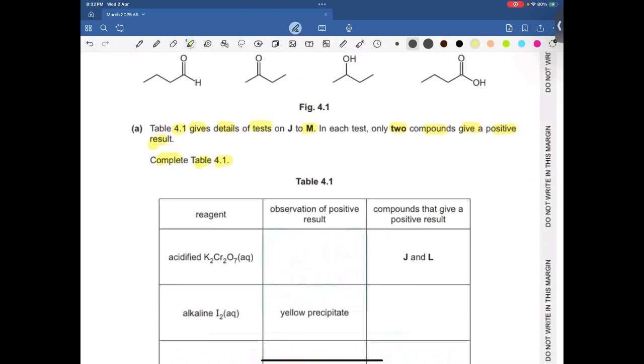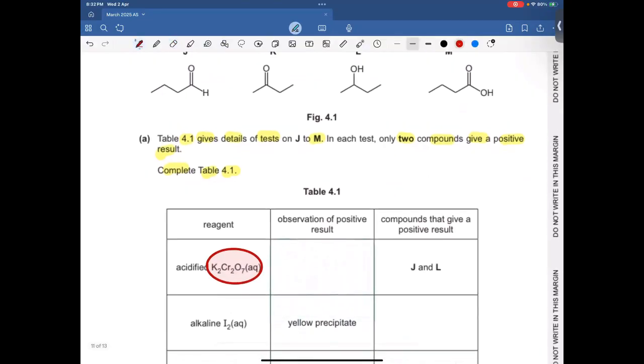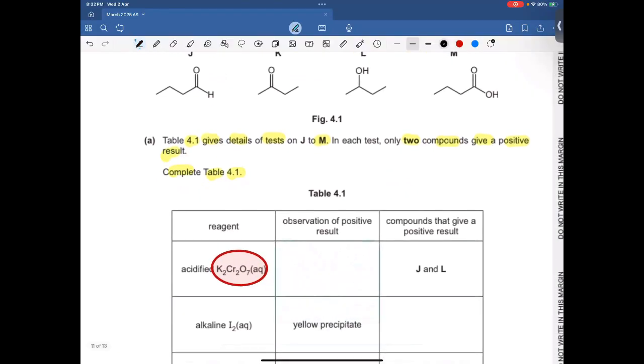Potassium dichromate 6 can oxidize aldehyde and secondary alcohol. Ketone and carboxylic acid never gonna oxidize. So it's J and L. ओ तो आपसे ऑब्जर्वेशन मांग रहे हैं.